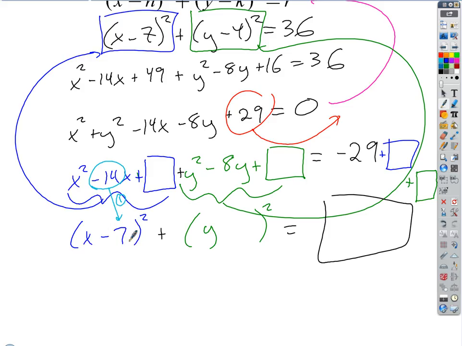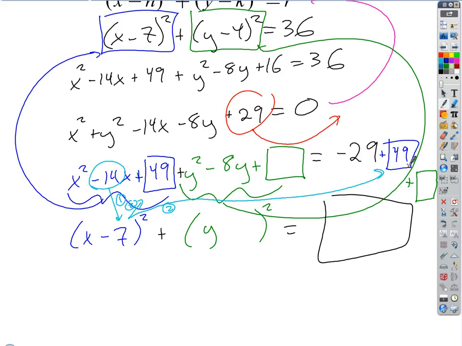So minus 7. Now step 2, square it. Yeah, whatever's there, we're going to square. And that's step 2, isn't it? So negative 7 squared is 49. Add that to both sides.